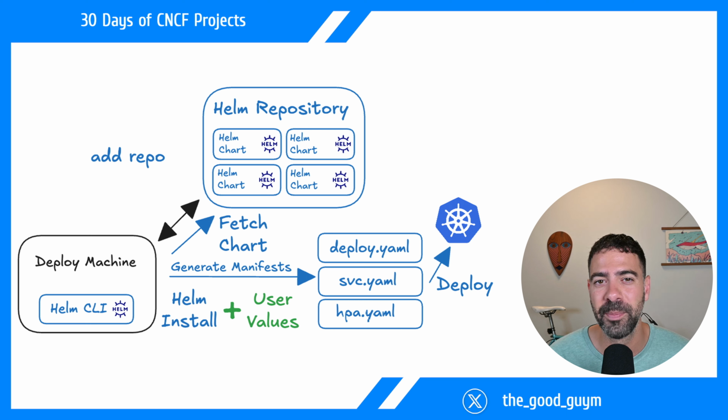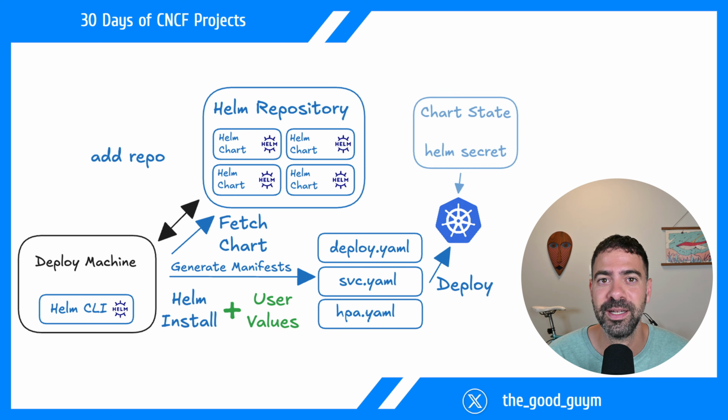Helm has some capabilities, such as wait and timeout, if we want to make sure that all of the resources were created successfully. At the end of the installation, the Helm client will keep the details and the state of the installation of the chart in a secret in the same namespace.